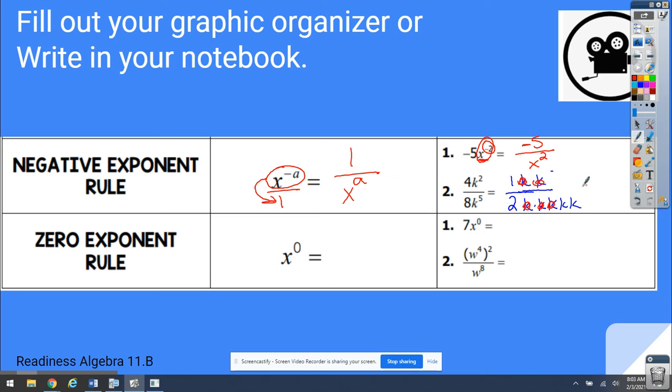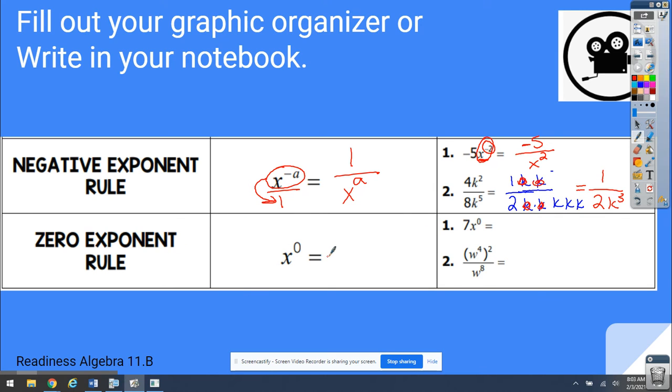And if you notice, however many k's I had left is what I would have in my answer. Let me try that again. 1, 2, 3. And notice where they're at. Are they on the top or are they on the bottom? In our case, I have only the 1 up on top, the 2 here, and then I have 3 k's, so k to the third.